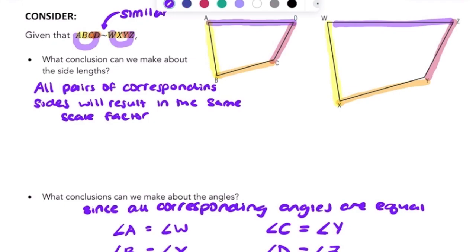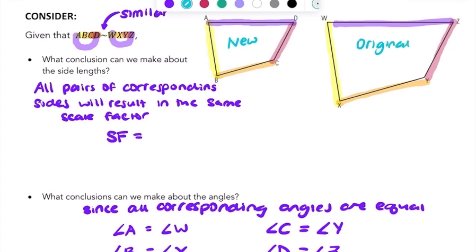Now, if I wanted to find the scale factor for any single part of this shape, I know the scale factor is going to be the same anywhere. And the scale factor is always talking about new divided by the original. Now, it doesn't actually tell me which one's the new and which one's the original, so I kind of have the freedom to make that up. So out of my 2 shapes here, I'm going to just say this small one's the new and this big one's the original.